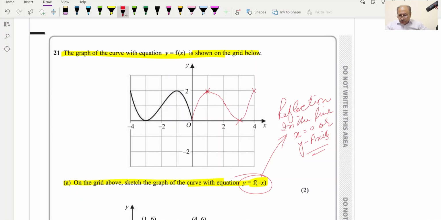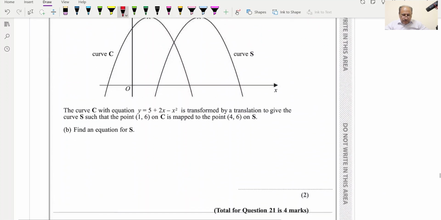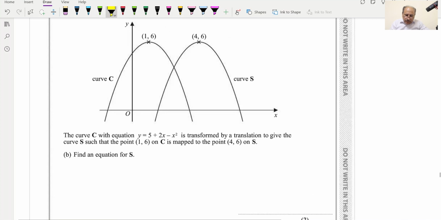So this will be basically the curve which is the reflection. Then part B says the curve C with equation y equals f of x is transformed by a translation to give the curve S, such that the point 1, 6 is mapped to 4, 6.